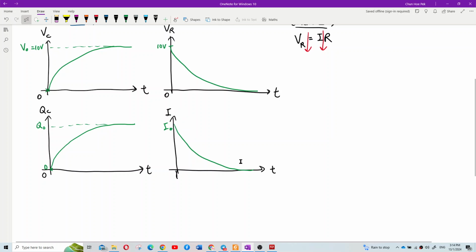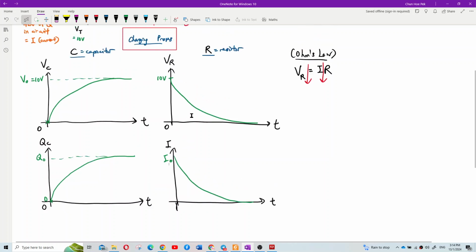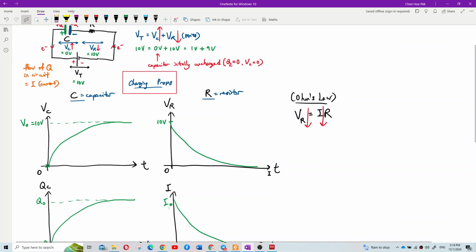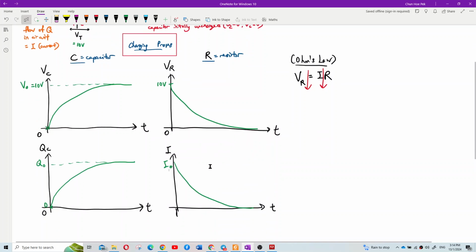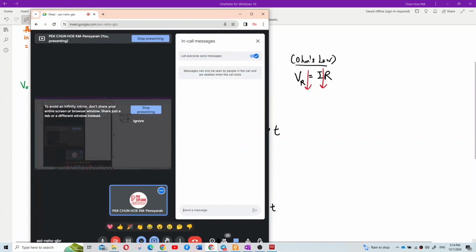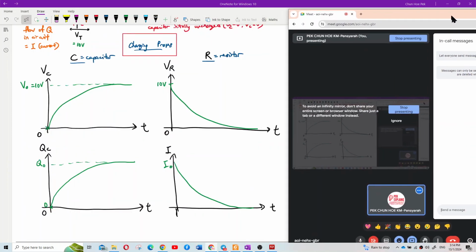I found out that voltage across resistor decreases, that implies the current also decreases over time. So when charging process happens, the current actually drops, not increases, just like the voltage across resistor, because V equal to IR. Understand, class?